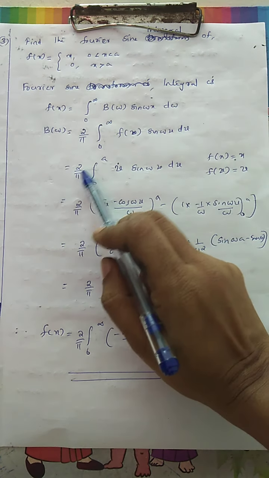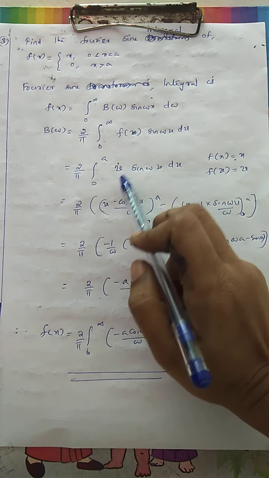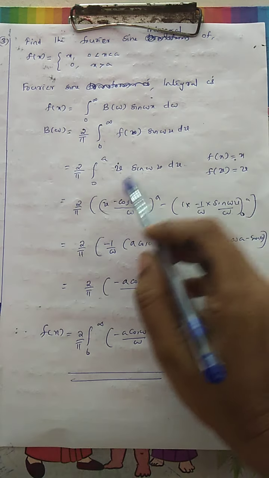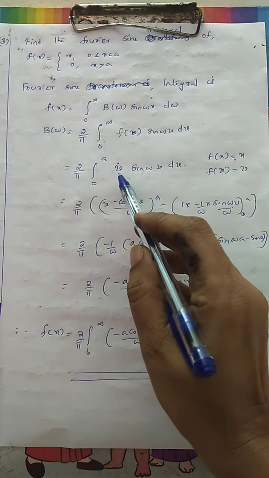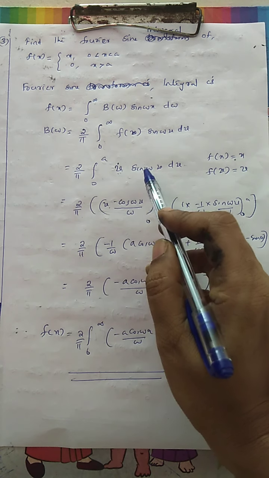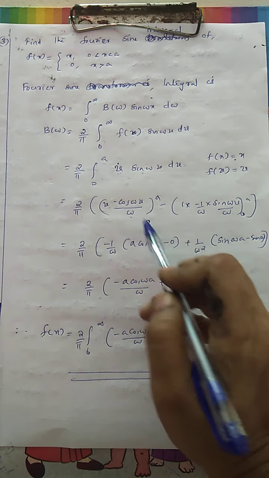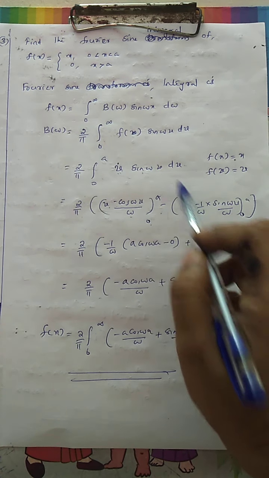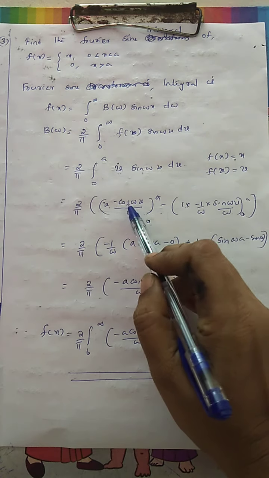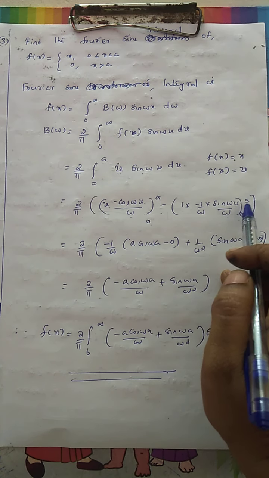So splitting the interval, 2 by pi integral 0 to a, f of nu is nu sin omega nu d nu. Now we will apply the uv rule. The first function is nu. So 2 by pi into first function nu into the integral of sin omega nu, which is minus cos omega nu by omega, within the limit 0 to a, minus the derivative of nu, which is 1, into minus 1 by omega into cos omega nu, which is entirely sin omega nu by omega, within the limit 0 to a.